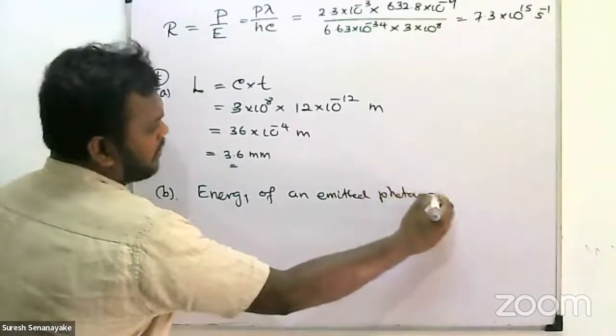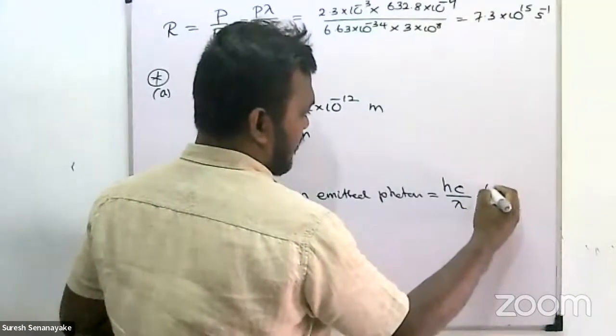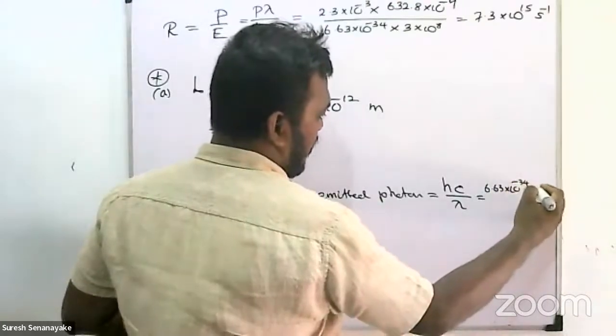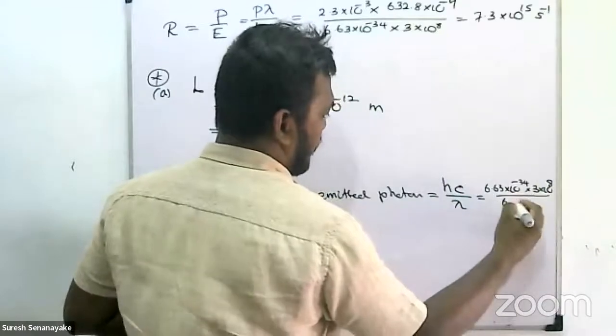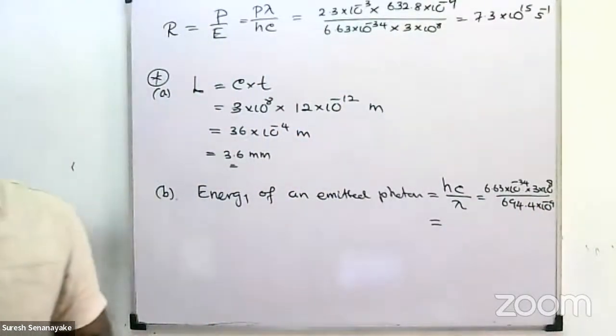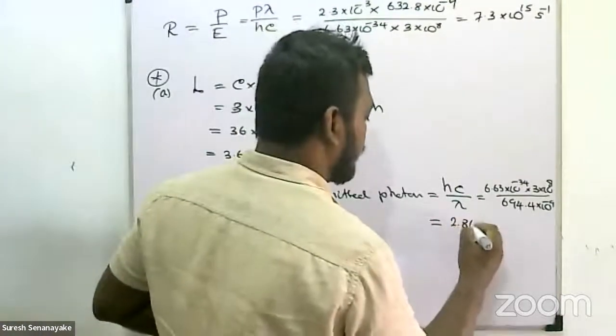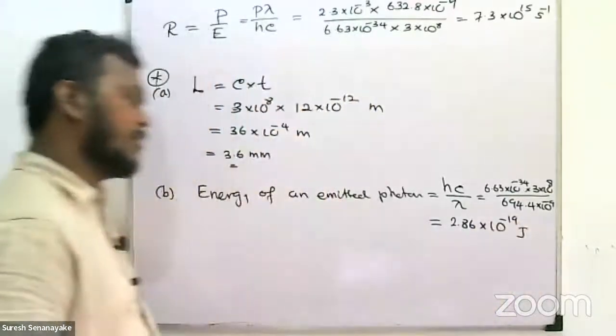So that equals hc over lambda. hc is 6.63 × 10^-34, and this 3 × 10^8, divided by 694.4 × 10^-9, with the wavelength converted to meters, gives the energy in joules. Simplify and find it first. Then you get 2.86 × 10^-19 joules.